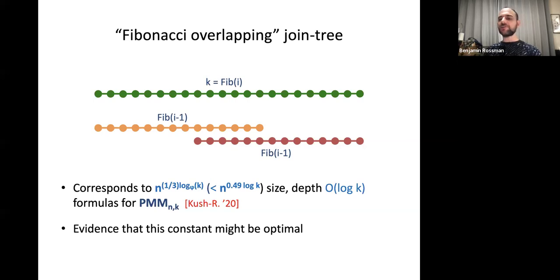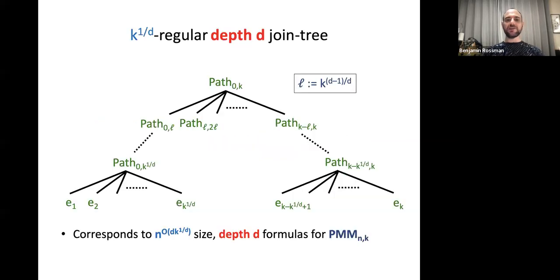Okay, so this is all from previous work, and these upper bounds all have depth at least Omega(log k). And in this work, we're interested in depth which is less than log k. So there's a very natural size-depth trade-off upper bound, which corresponds to depth d join trees, where we obtain a path of length k as a union of k to the 1 over d consecutive paths of length k to the (d-1) over d.